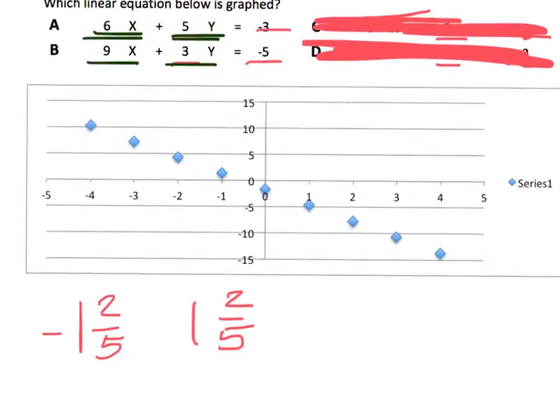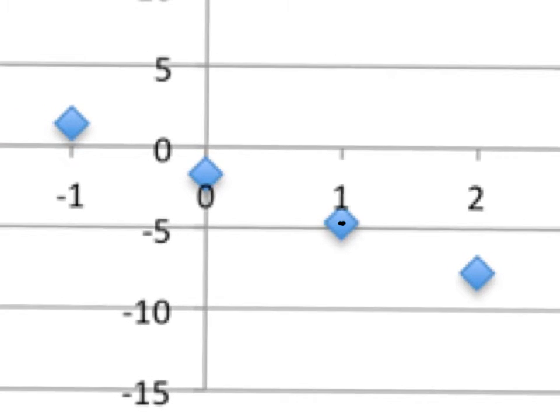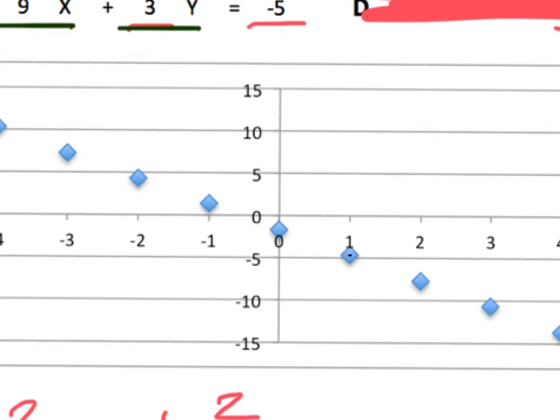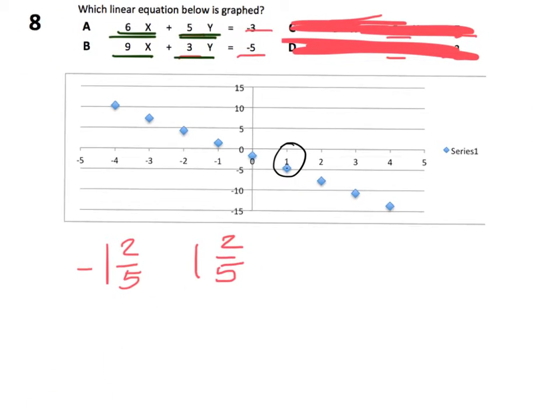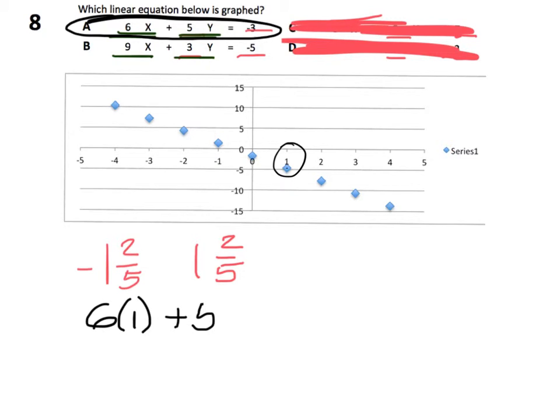I'm looking at this dot here. This one. That one's close. That's real close, and that one is at a +1. Let's see what happens if I put a +1 in for x into this equation. 6 times 1 plus 5y equals -3.